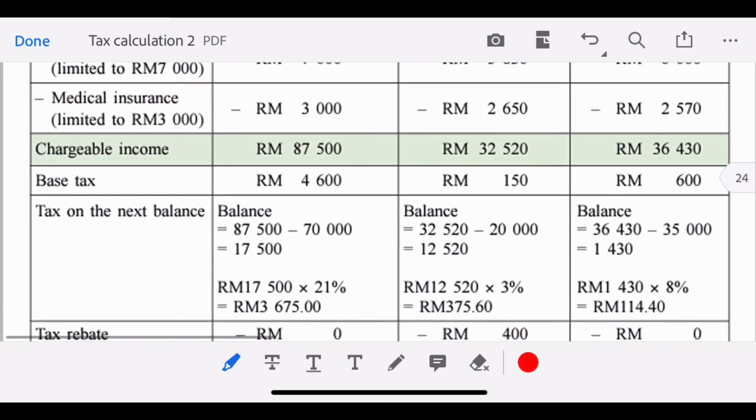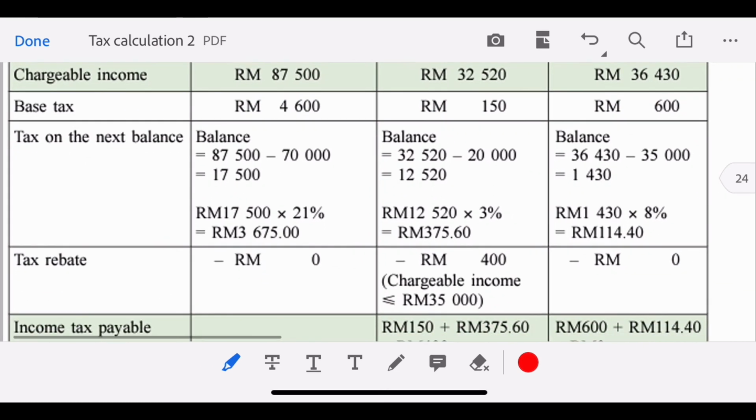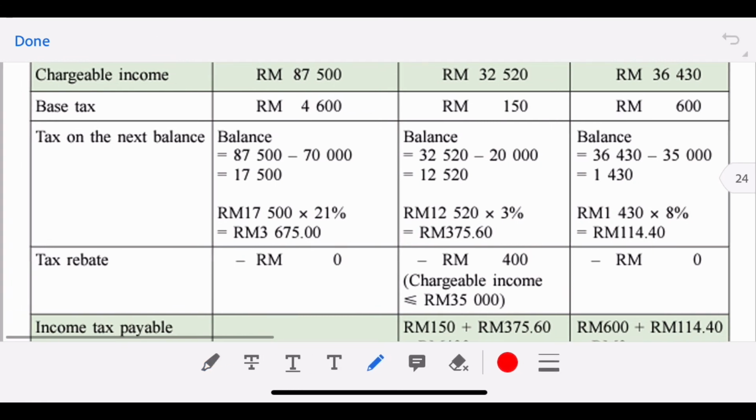Okay, so this is the continuous calculation. So just now we have calculated the balance, which is 17,500 for joint tax assessment. So we have to multiply by the 21% for the balance.